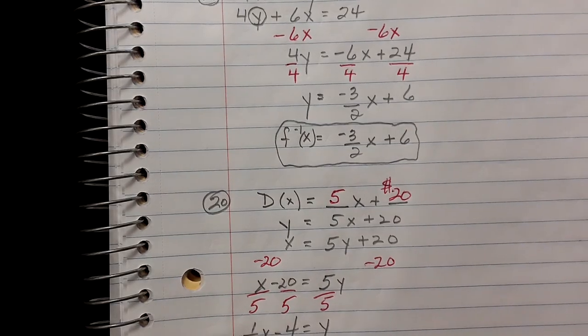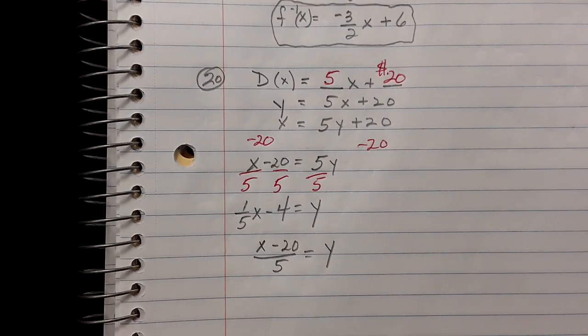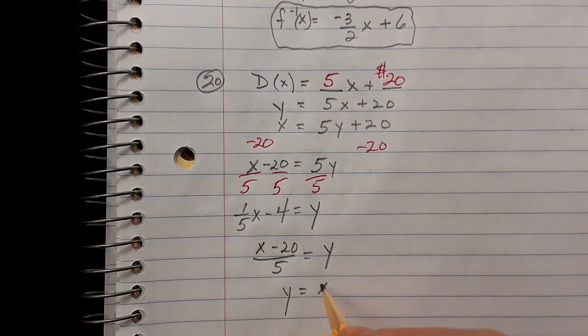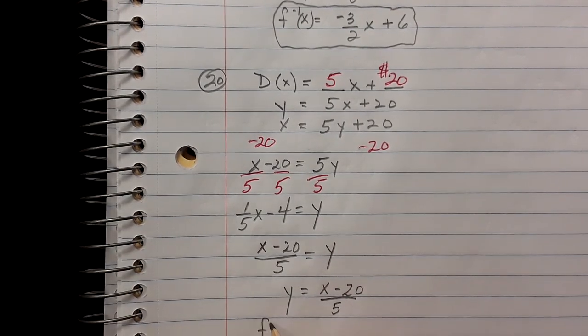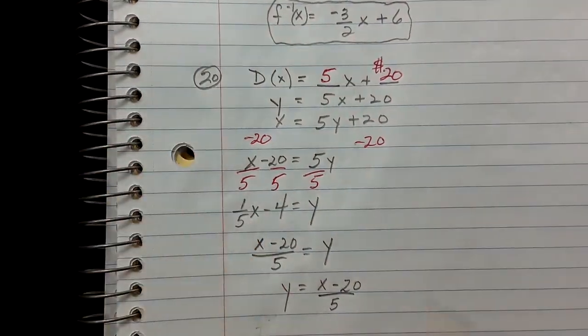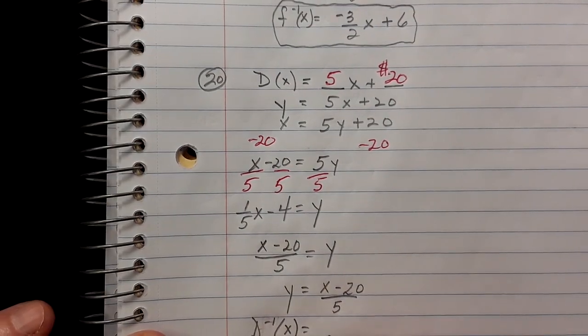Yep, that's your answer, because you switch it around and then write it as an inverse function. D inverse of x equals x minus 20 over 5.